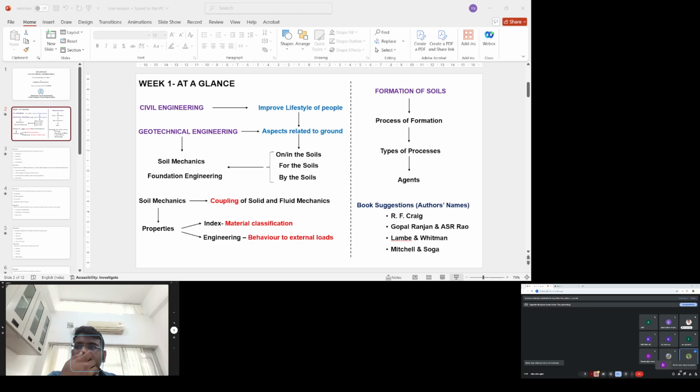The first question is fairly simple. Geotechnical engineering deals with the changes that occur in option A, atmosphere, option B, geosphere, option C, troposphere, and option D, thermosphere.